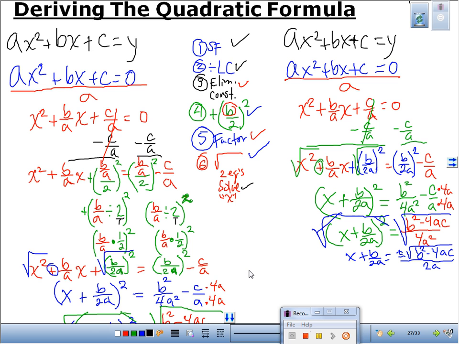So what do I do to solve for x? Subtract b over 2a from each side. We're left with x equals minus b over 2a plus minus square root b squared minus 4ac over 2a.